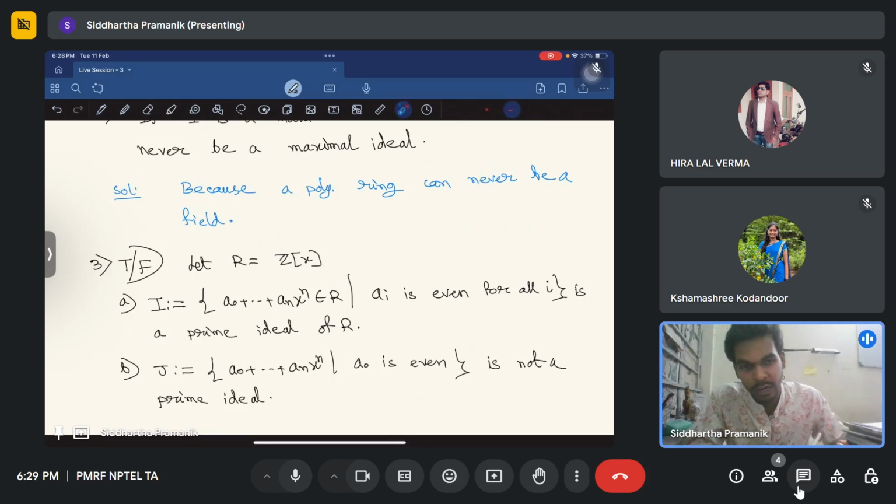So we have two statements: which one is true or which one is false, or both are true or both are false. Just think for a few moments.